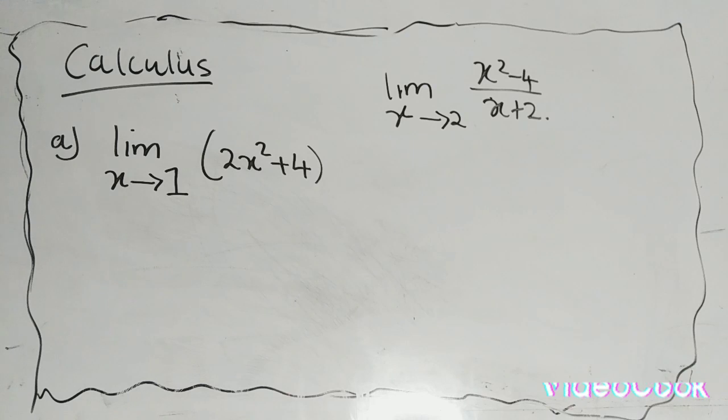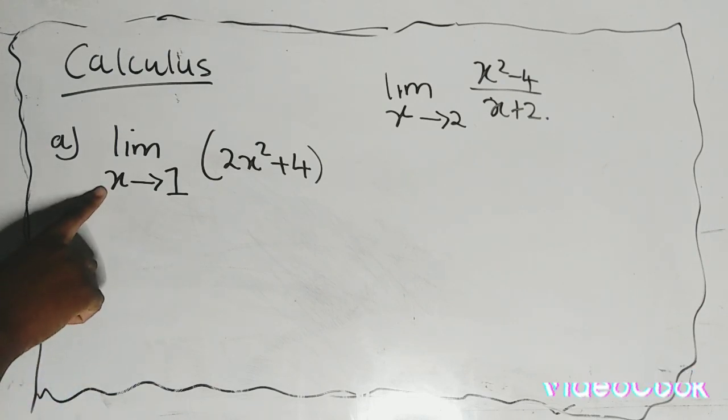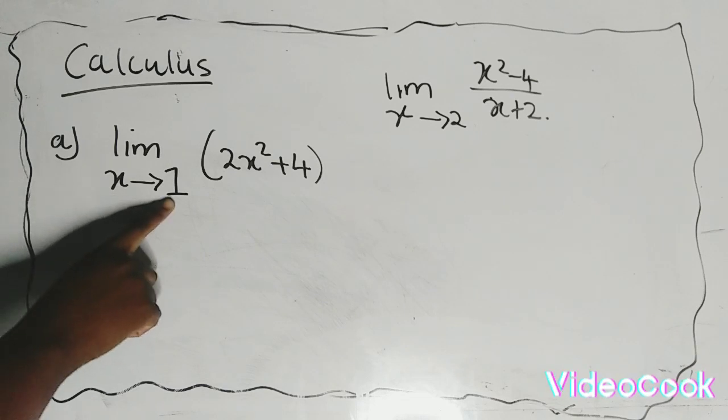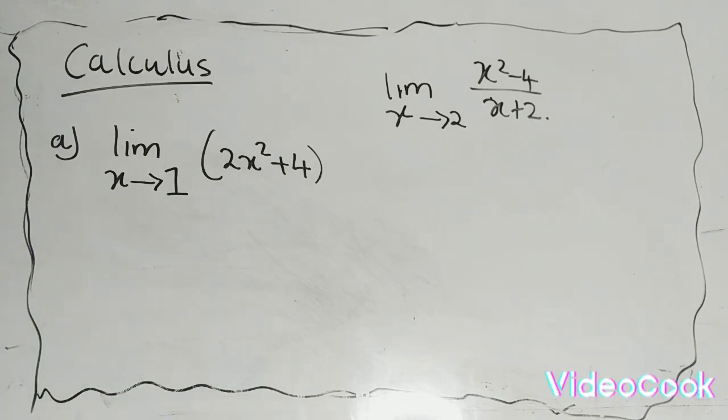Today we are looking at calculus, and the first aspect that we are going to be looking at is the one for limits. For these first two questions, they said determine the following limits. How are we going to find the limit for this expression, 2x squared plus 4? They just told us that our x values reach up to 1.